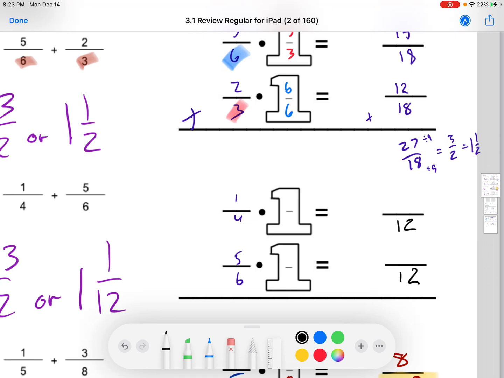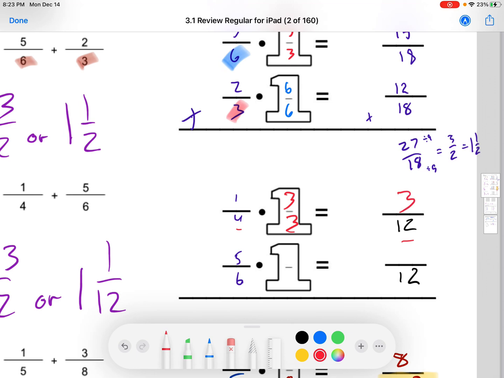So now if we're looking at 1/4 times that giant 1 to give us something over 12, we need to know what is that giant 1 necessary to do that. I'm looking at the denominators right now, so I'm saying 4 times what gives me 12, and the answer is 3. So that giant one needs to be 3/3, and then 1 times 3 is 3.